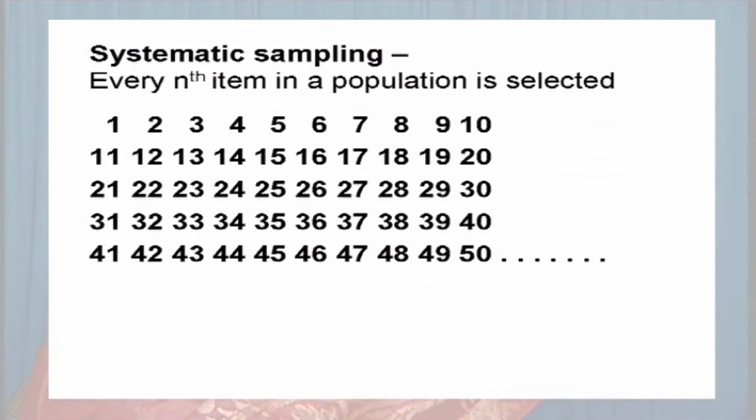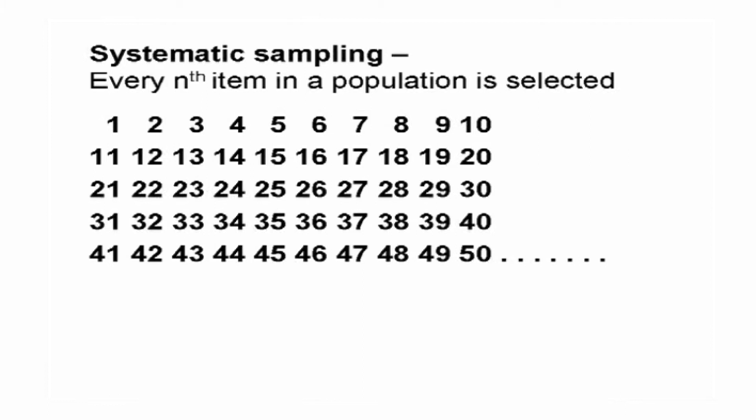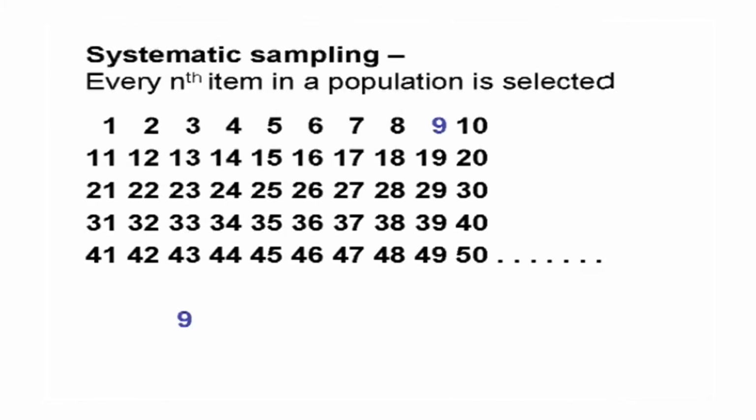For example, if the random start is number 9, then the 19th, and then every 10th person is included for the study. The major advantage of this method is that there is no need to assign a random number to all the elements in the population, but when the researcher reaches the required number, the procedure is stopped.